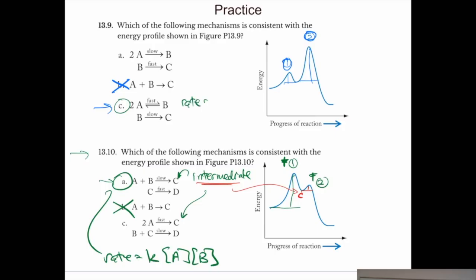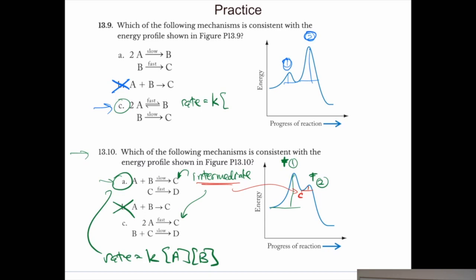K. Well, the rate law comes from the slowest step, remember? For your proposed mechanism, the rate law has to match what you find experimentally. So the converse of that is, if this is the right mechanism, then the rate law we would get from the slow step should match what we find experimentally.